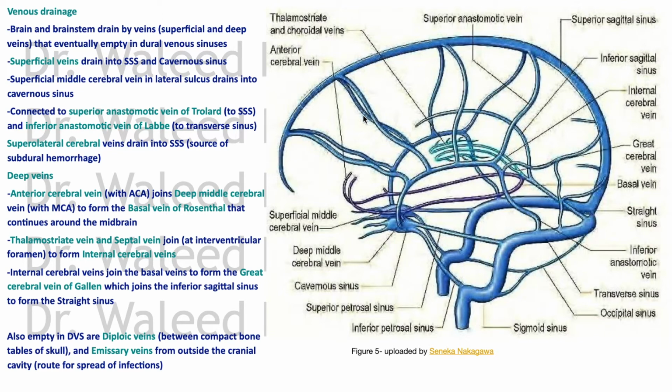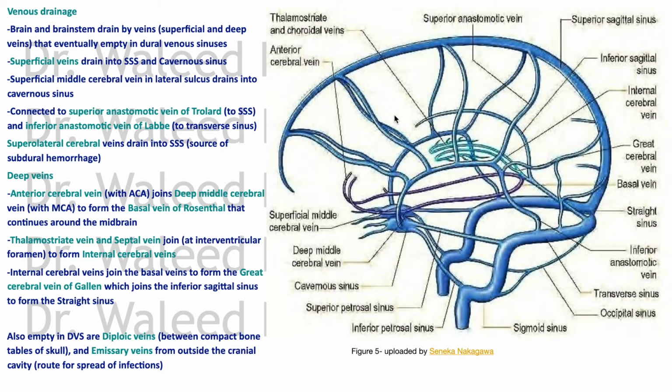Now, the brain has two systems to drain its blood, either by veins, superficial and deep veins, that will eventually empty in dural venous sinuses, and then to the major outlet, which is the internal jugular vein.